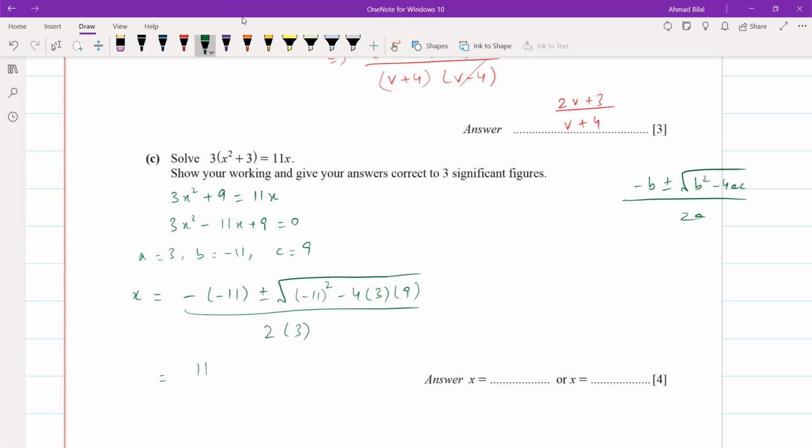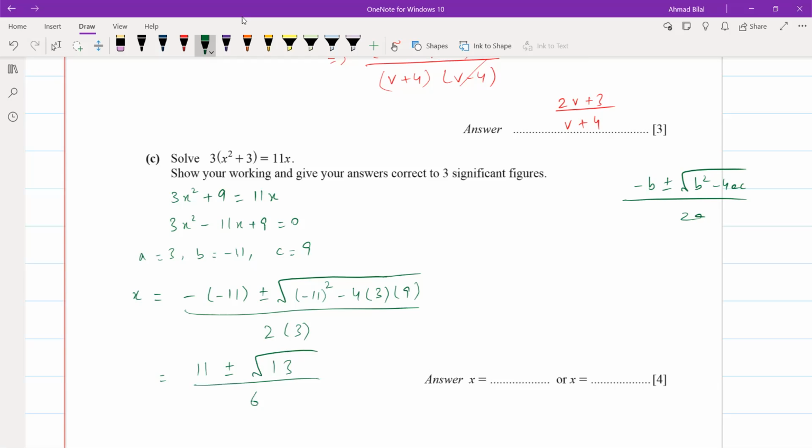11 plus minus square root of, अब 11 square minus वो कर लें, क्या आता है 121 minus 4 into 3 into 9, that gives me 13 inside. Bracket के अंदर हमारे पास आ गया 13 divided by 6.